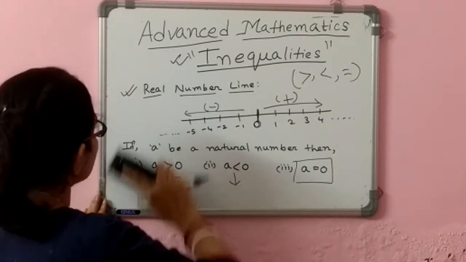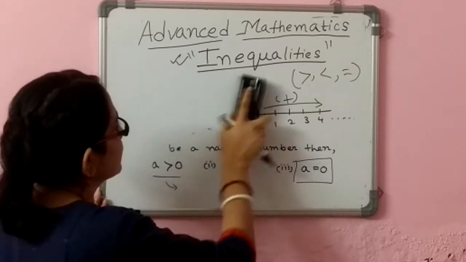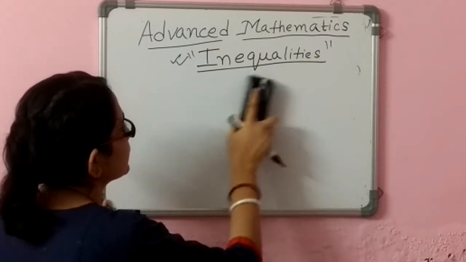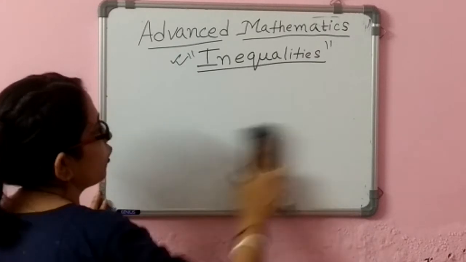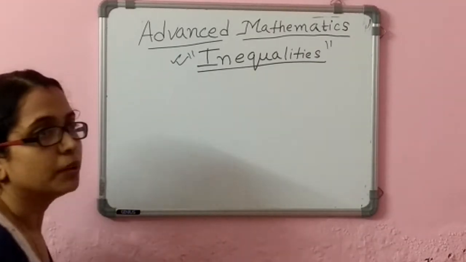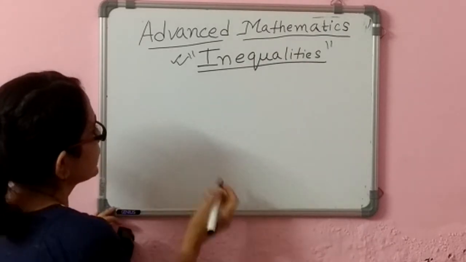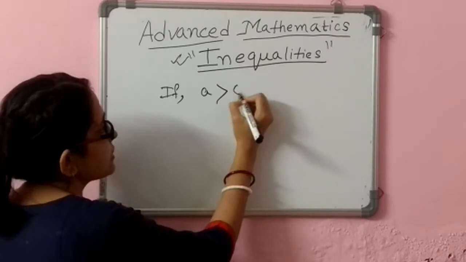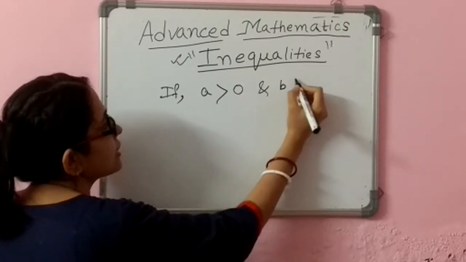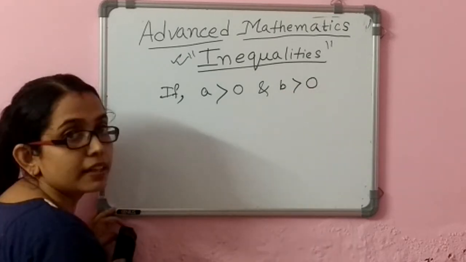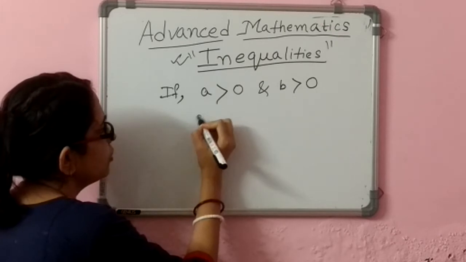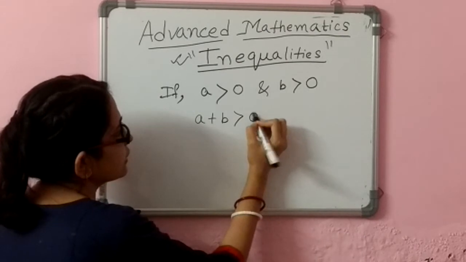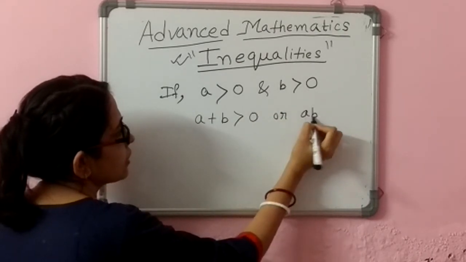Now this natural number will follow many properties, or it will come under many headings. For example, if a is greater than 0 and b is greater than 0, then always a plus b will be greater than 0 and ab is greater than 0.